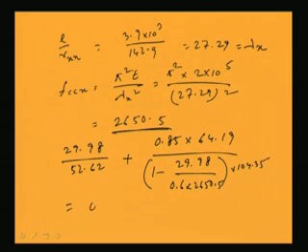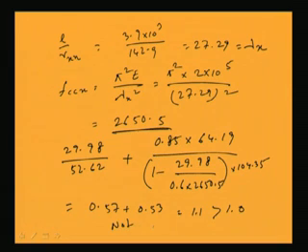This is becoming 0.57 plus 0.53 is equal to 1.1, which is greater than 1. So not okay. So you have to go for redesign.